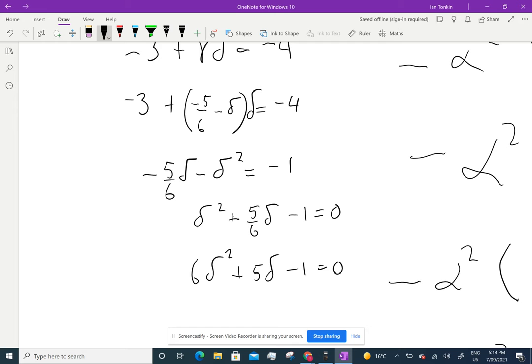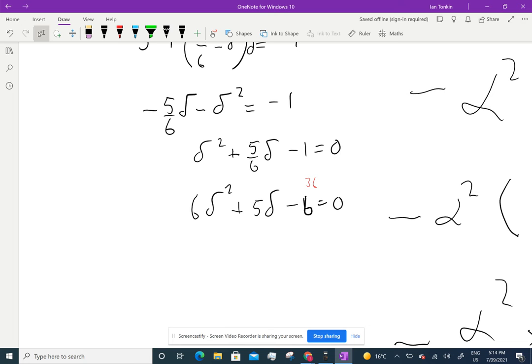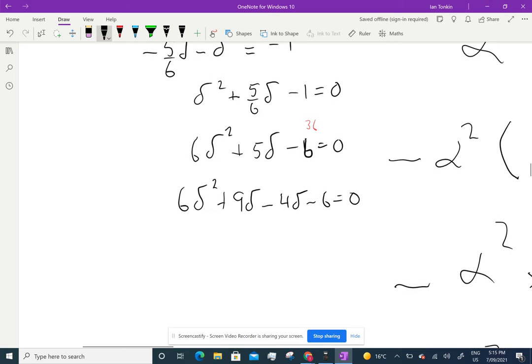So now I've got a quadratic and I've got to solve it. I multiply everything by 6, so what multiplies out to minus 36 and adds up to 5? 9 and minus 4. So 6 delta squared plus 9 delta minus 4 delta minus 6 equals 0.